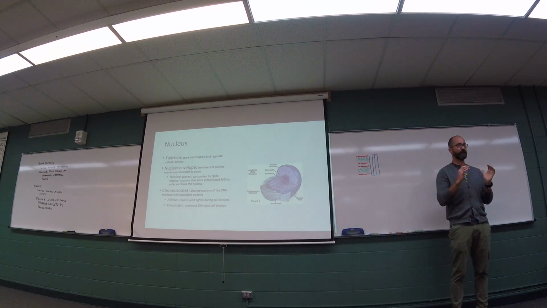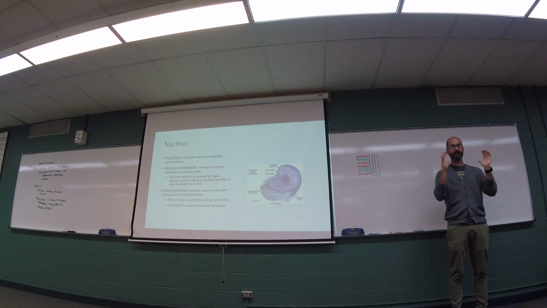But what that allows us to do is to take specific regions of our DNA that are important to those cells and express them. Or regions of our DNA that aren't important to those cells and compartmentalize that DNA really tightly. We can wind it up so it's completely inaccessible to cellular machinery.